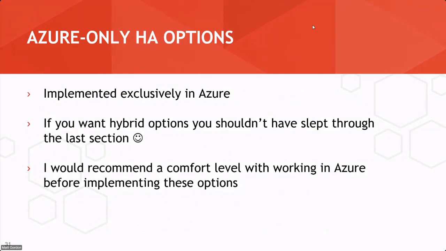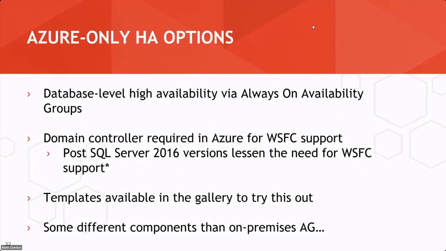So we can set up an always-on AG in Azure only. It does, in theory, require a domain controller to support the Windows Server failover cluster, but as was noted earlier, once you get beyond SQL Server 2016, this was as politically correct as I could put it, that lessens the need for cluster support underneath.